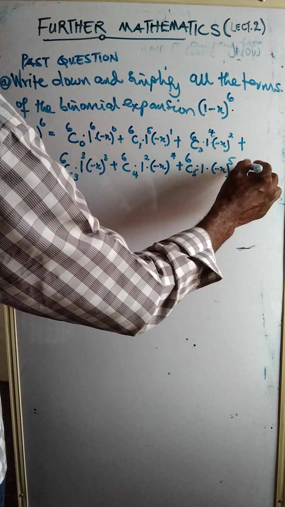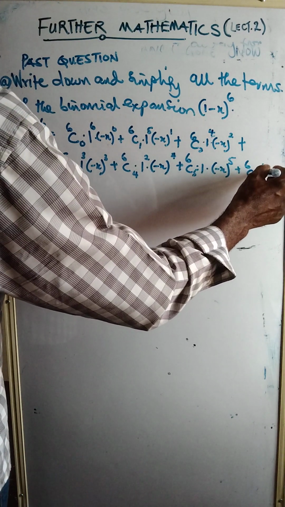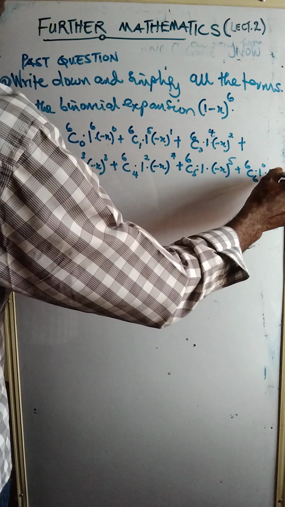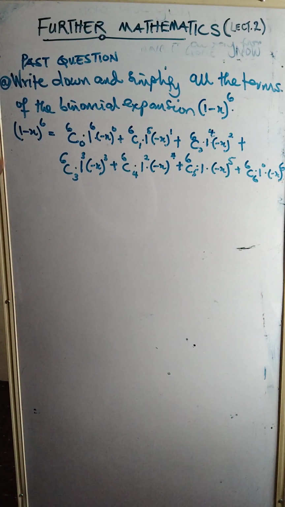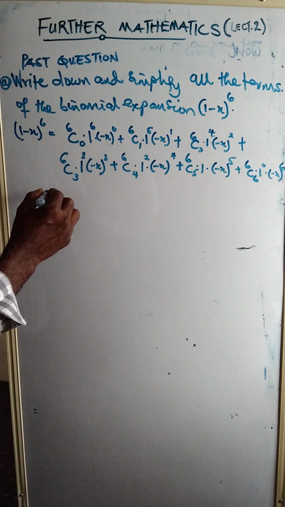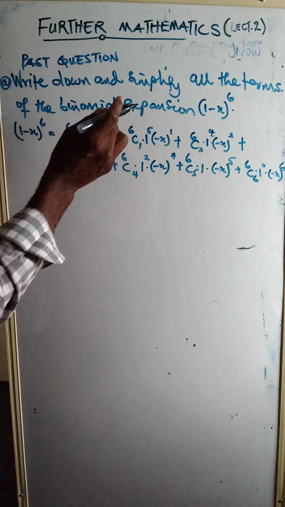Finally, we have 6 combination 6, we have 1 raised to power 0, then times (-x), everything raised to power 6. So the expansion is as we see there. This is 1, and this one again is 1 because it's raised to power 0.